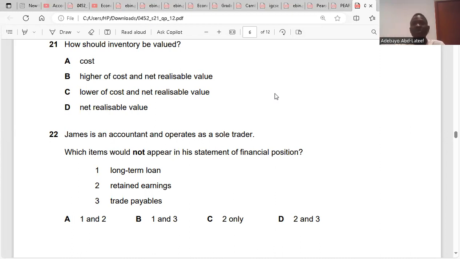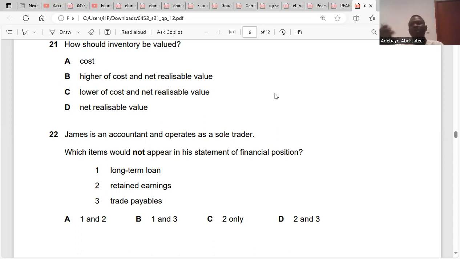Inventory should be valued based on the low cost. Do you want to buy an inventory that the cost is higher? Then how do you sell it? So inventory should have a low cost. So lower of cost and net realizable value. When we talk about net realizable value, we're talking about the estimation of your closing inventory. So use NRV to estimate your closing inventory.